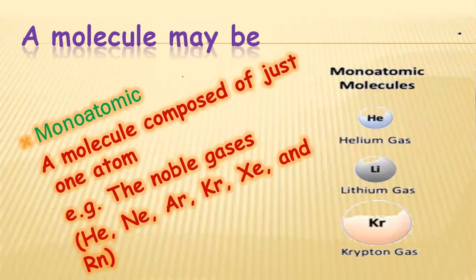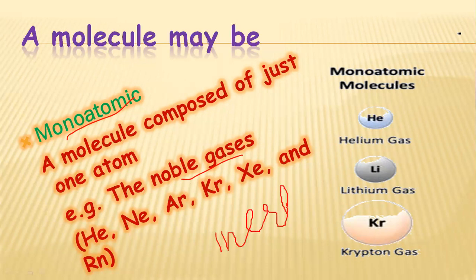Now we see that molecules have other types also, like the monoatomic molecule. Mono means one, so it is a molecule composed of just one atom, and these are the noble gases we have seen before, because they are inert. Inert means they cannot react with any other substance or atom.